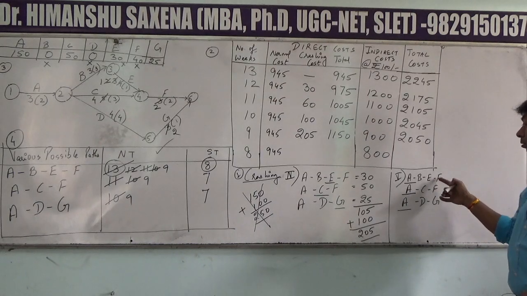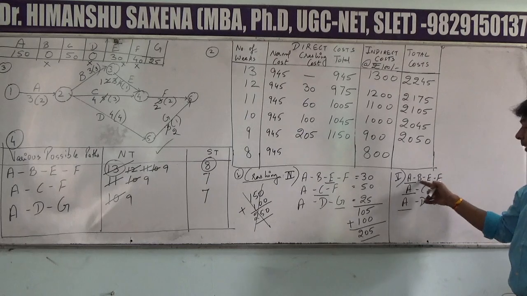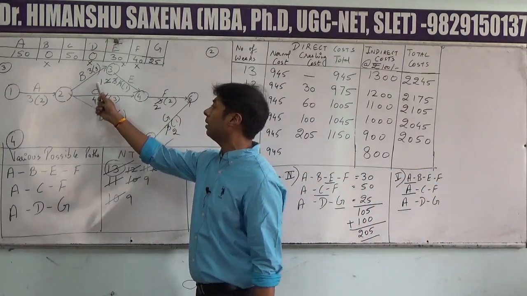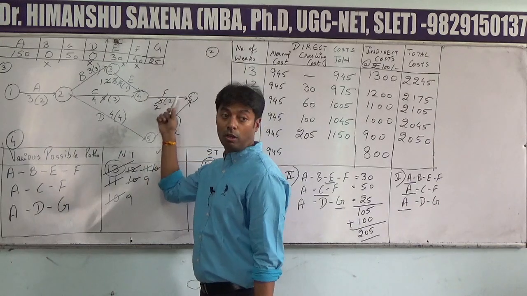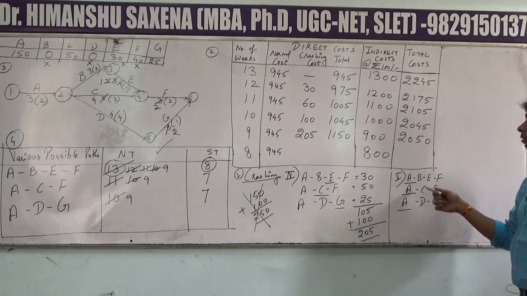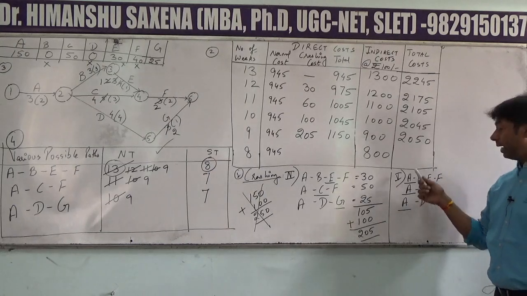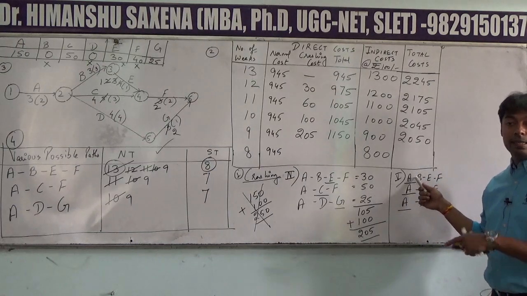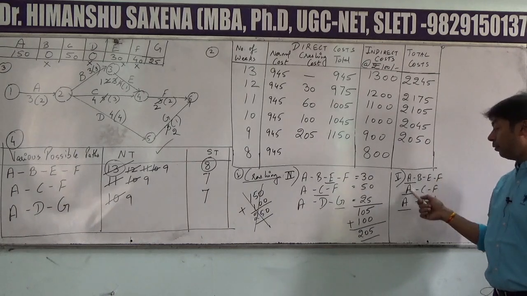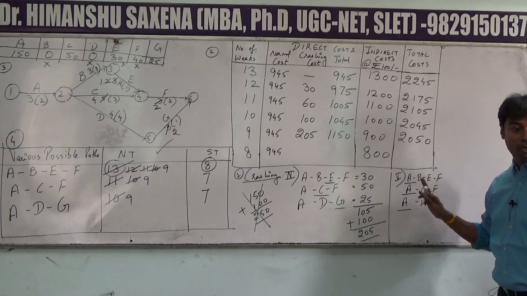We are not left with any other activity because B is not there, E is not there, and F, normal time and crash time is absolutely the same. So it is mandatory to take activity A, and when we are taking activity A in the first path, then we will have to take activity A as common in all the paths.